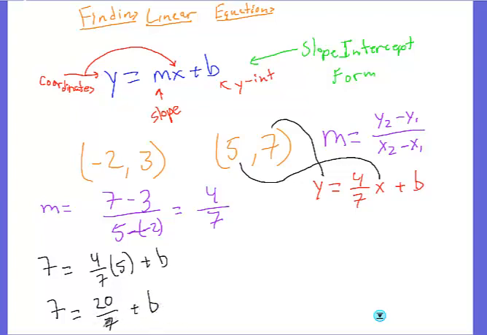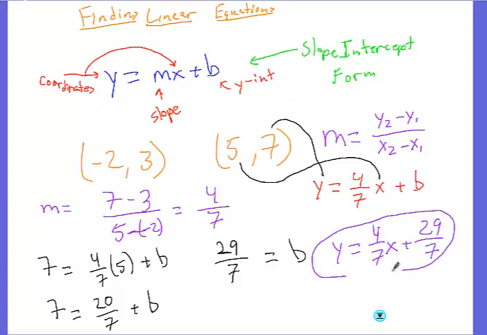To get the 20 over 7 away, we must subtract it from both sides. So it becomes 29 over 7 equals b, which gives us the final equation: y equals 4/7 x plus 29 over 7.